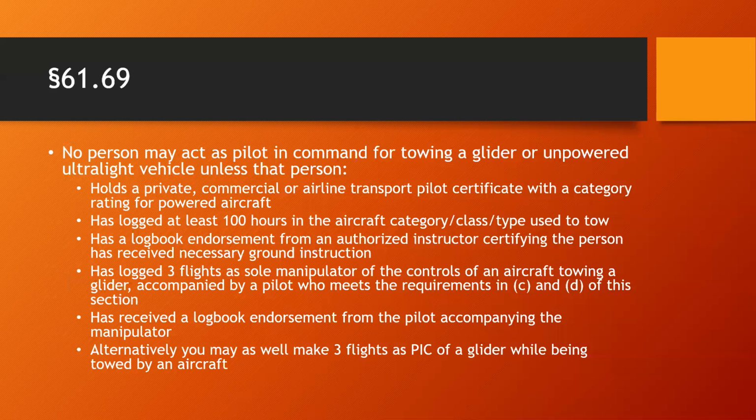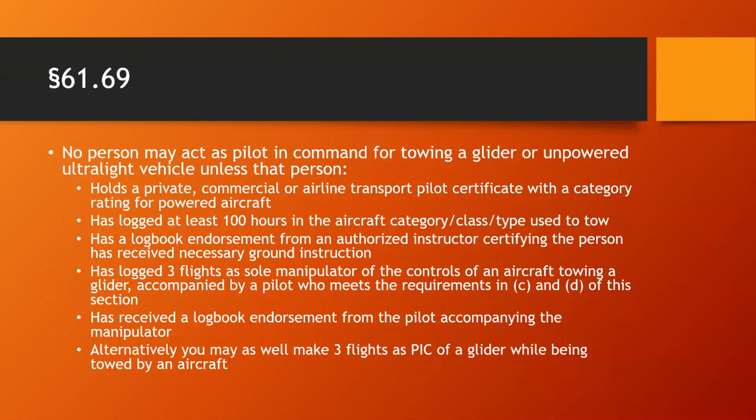However, you have to fulfill all the requirements listed here, including your 100 hours in the aircraft they're using to tow. You have to go up with an instructor, and basically the instructor just makes sure that you can do this safely. And you have to do the 3 tows or flights with that instructor in order to be signed off as able to do this solo.